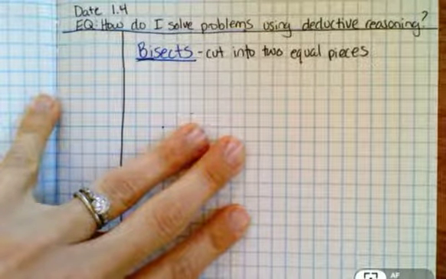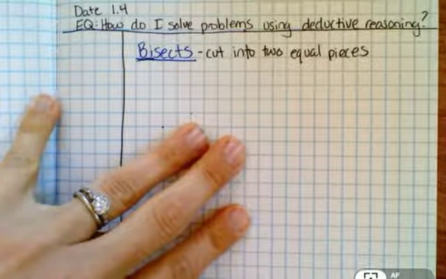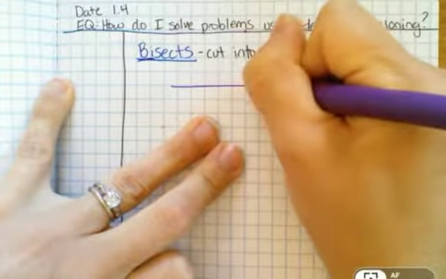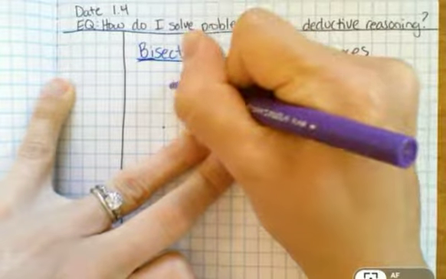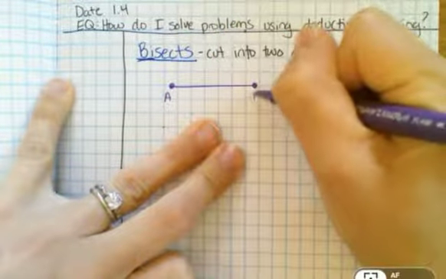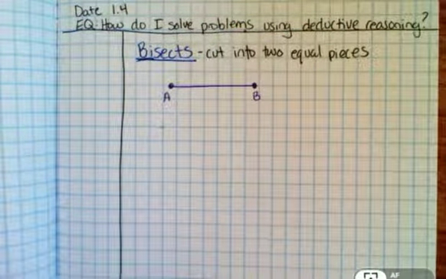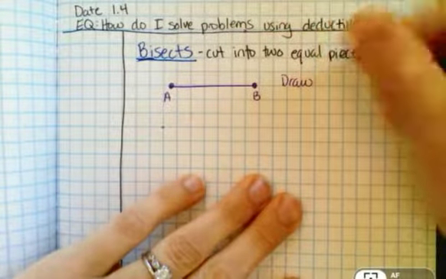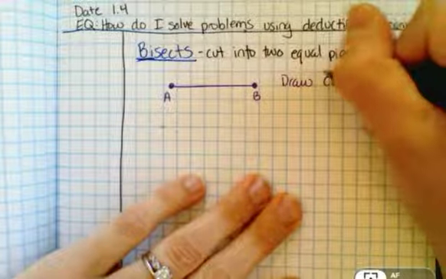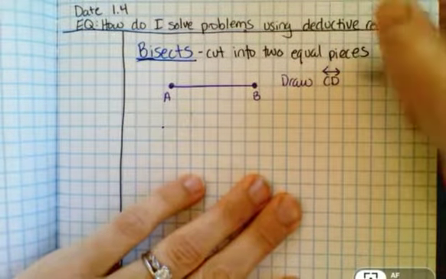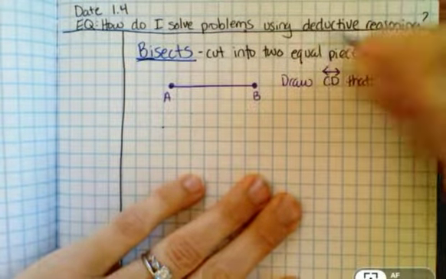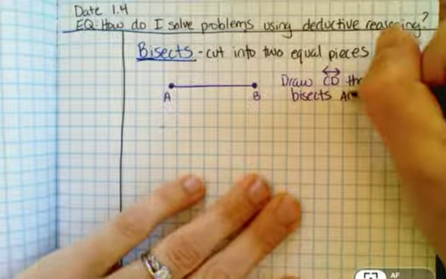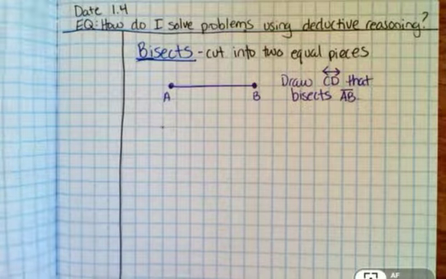So we'll draw some, well, no, I'll show you now. So here is a segment AB, and I want you to draw line CD that bisects segment AB.